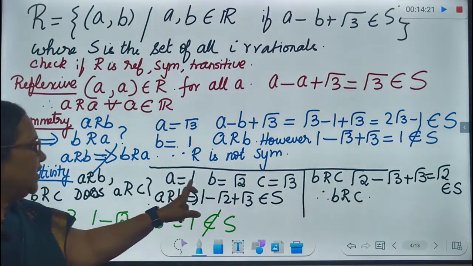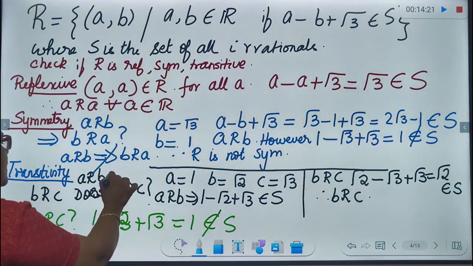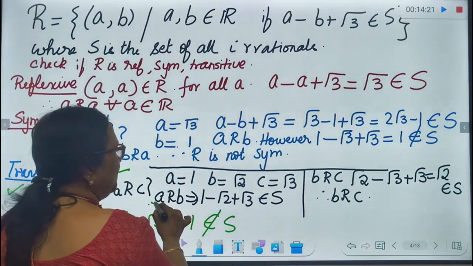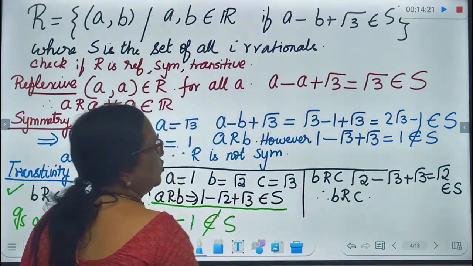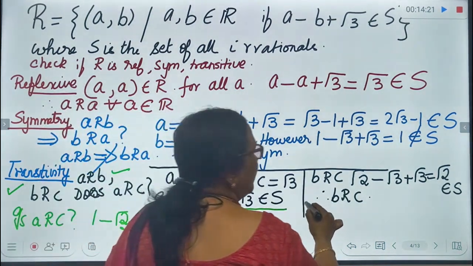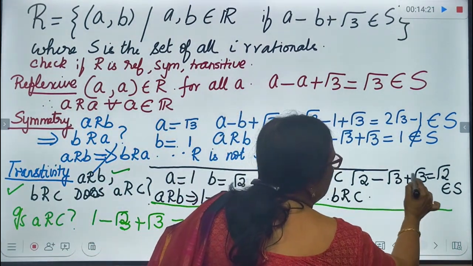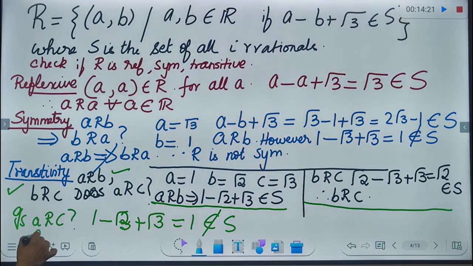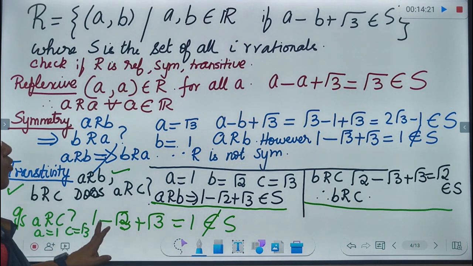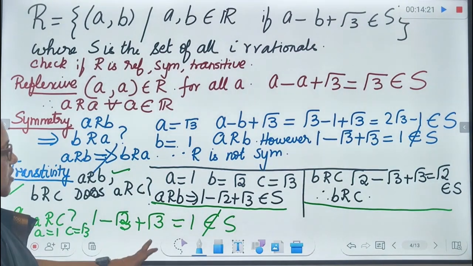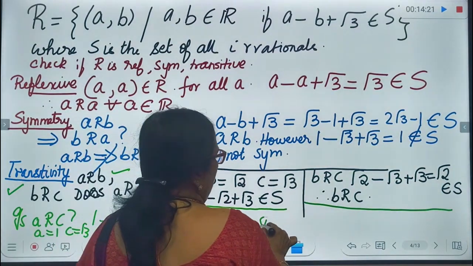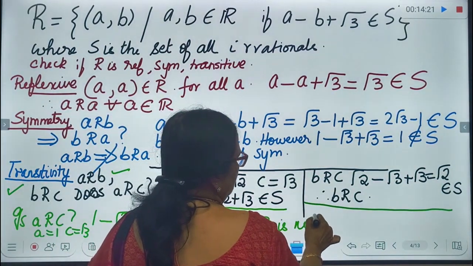So A is related to B and B is related to C. A is related to B because 1 minus root 2 plus root 3 belongs to S. B is related to C because root 2 minus root 3 plus root 3, which is root 2, belongs to S. But if I take A to be 1 and C to be root 3, then I get 1 minus root 3 plus root 3, which is 1, does not belong to S. Therefore, R is not transitive.